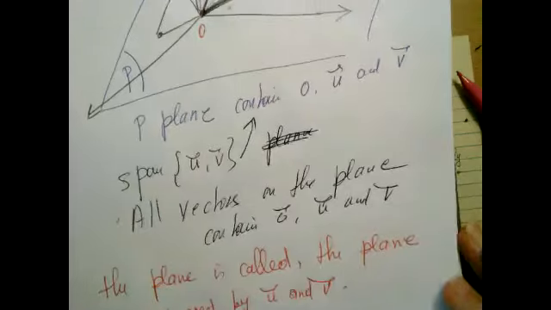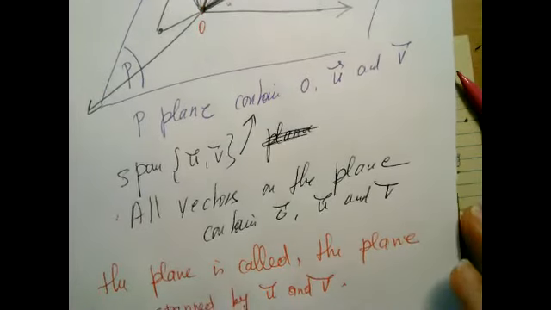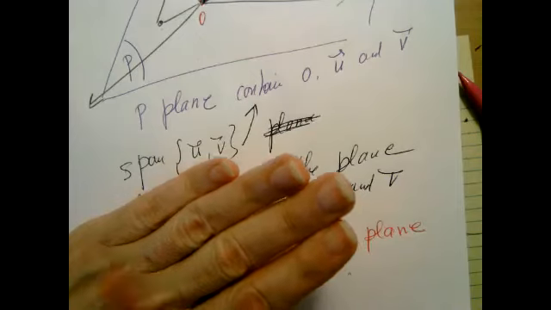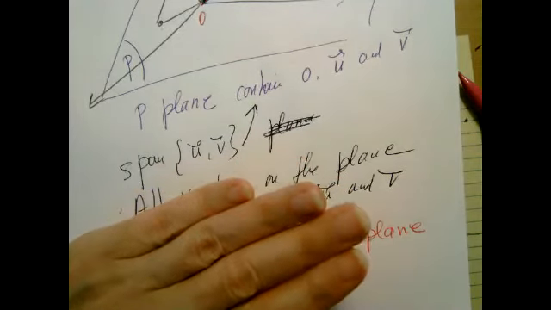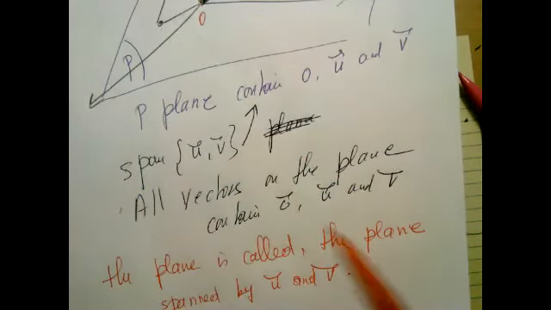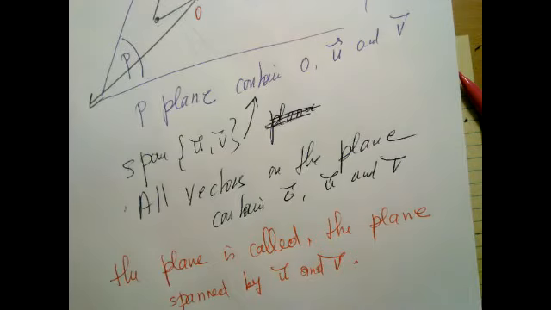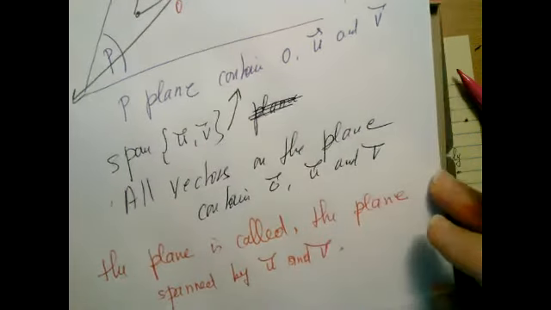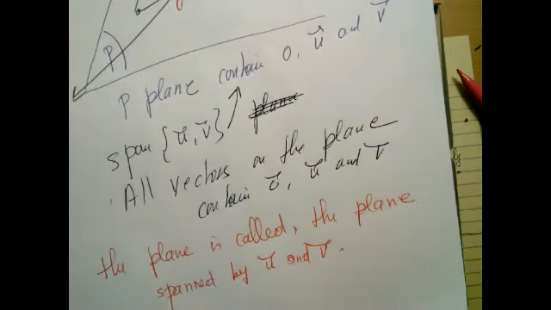So if you have two vectors in R3 and you take every possible linear combination, you're going to get a plane, because there is no way you can get out of the plane when you're taking the linear combination. Now, please ask any questions before I proceed.